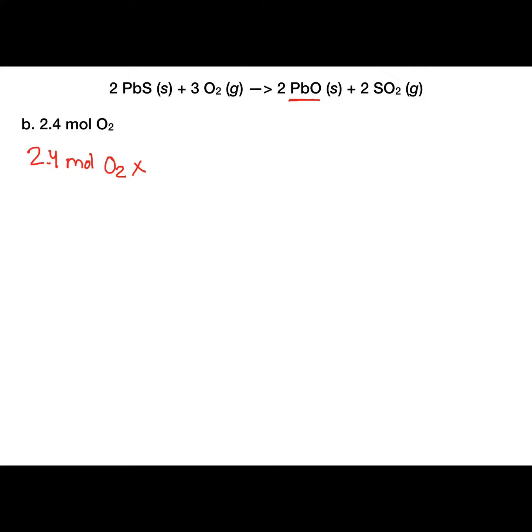So there is 2 moles of PbO for every 3 moles of O2. Moles of O2 cancels out. Now we just do the math. 2.4 times 2 divided by 3, and we get 1.6 moles of PbO.